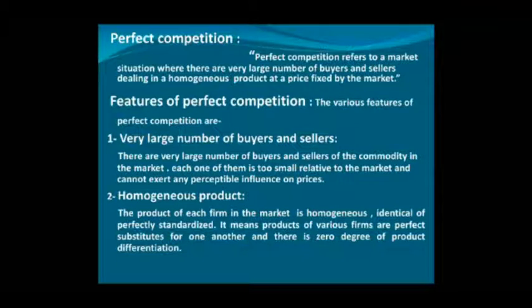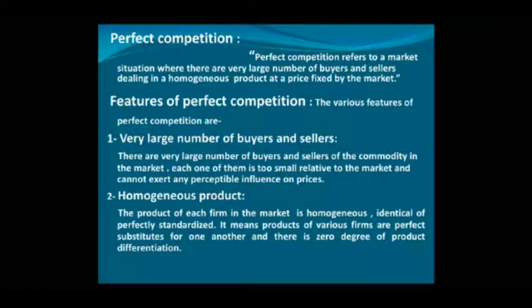Second, homogeneous product. The products offered for sale in the market are homogeneous, that is, the products sold are identical in all respects like size, shape, quality, color, etc. Since each firm produces 100% identical products, their products can be readily substituted for each other, so the buyer has no specific preference to buy from a particular seller only.